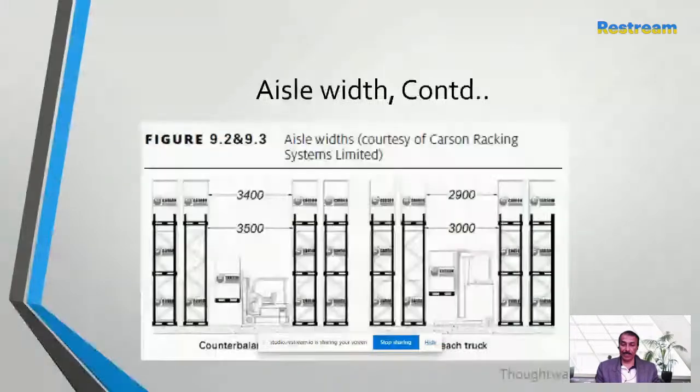And you can see a sample image where the width is different for different handling equipment. And this has to be decided at earlier stages, what kind of material handling equipment you are going to use.